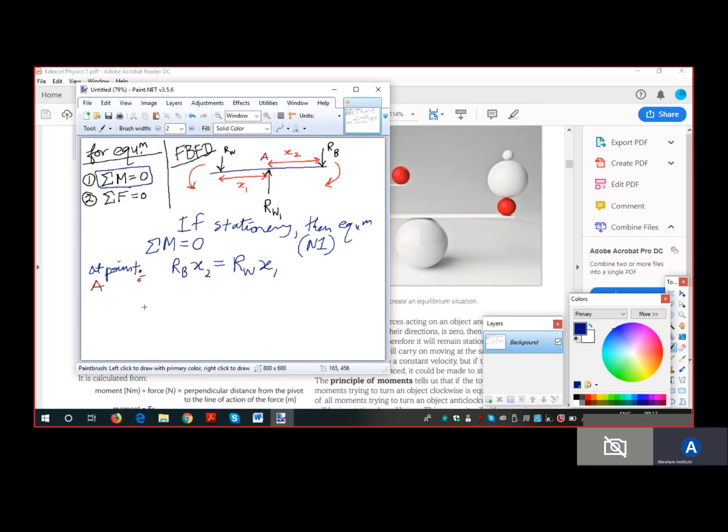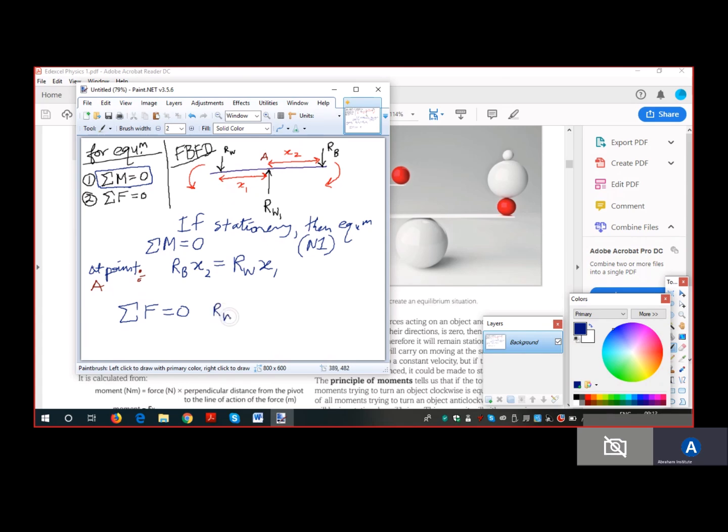Now the second equation we can get is the resultant force is 0, because if it is in equilibrium, then there are two conditions: the resultant moment is 0 and the resultant force has to be 0. That means the sum of forces in one direction should be equal to the sum of forces in the opposite direction.